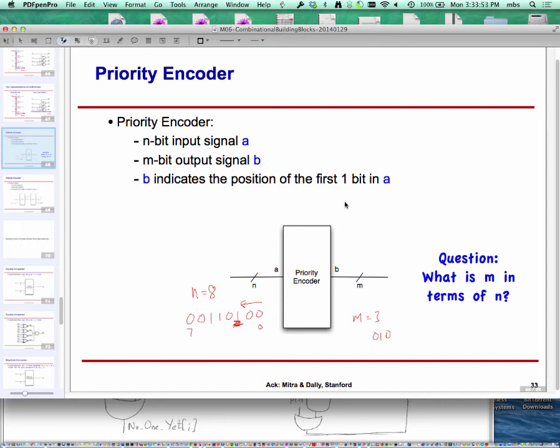The output indicates which bit position has the first one, starting from, let's say, the least significant bit in this case.